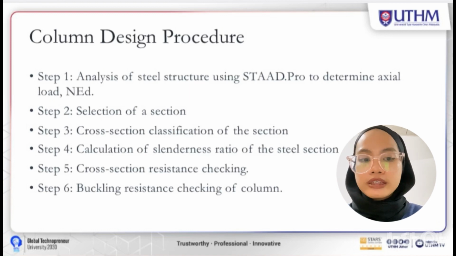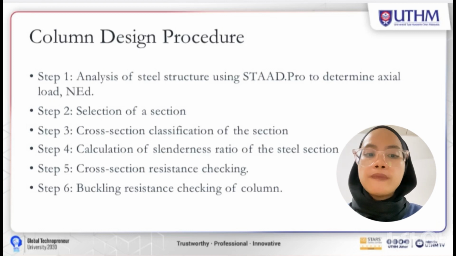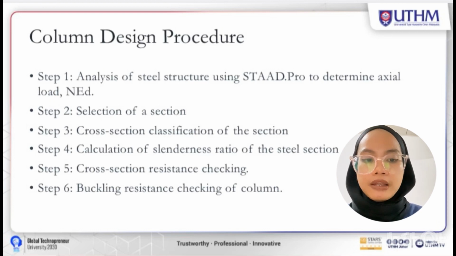Step 5, cross-section resistance checking. The cross-section resistance of the steel section must be checked and verified using the formula as below for NEd divided by NcRd. Step 6, buckling resistance checking of the column. First, determine alpha by first determining the required buckling curve from Table 6.1 and then calculate phi by substituting in the values of alpha and lambda.